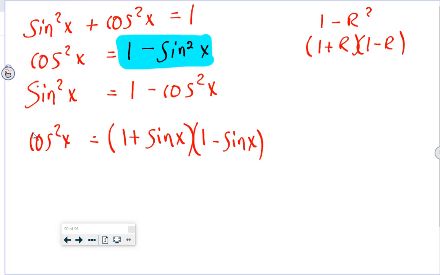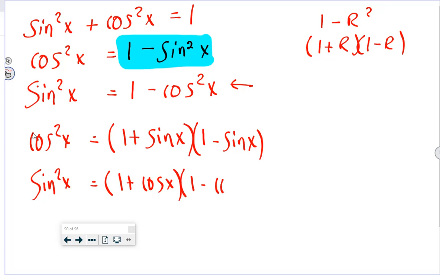Well, that means 1 minus sine squared is 1 plus sine, 1 minus sine. So now you need to be aware that cos squared is 1 plus sine, 1 minus sine. And sine squared is equal to 1 minus cos squared, which means it's equal to 1 plus cos x, 1 minus cos x.